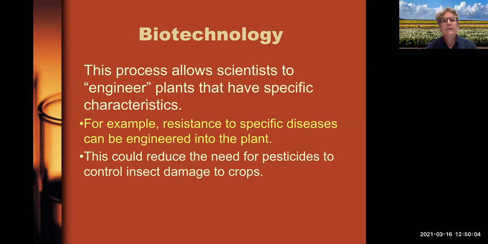So this is the idea typically that they are taking a gene from another plant that is resistant to the disease and putting it into this plant that isn't. This could reduce the need for pesticides to control insect damage to crops. Imagine that. But they're also creating plants that can be soaked in pesticides to keep the weeds down, all right?